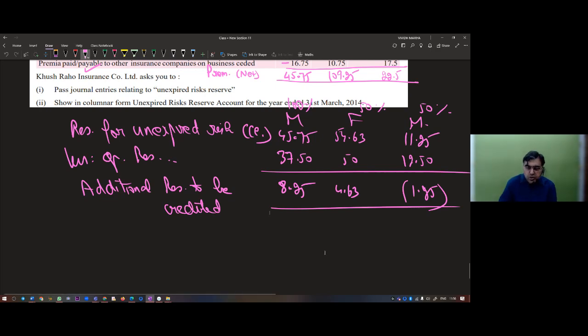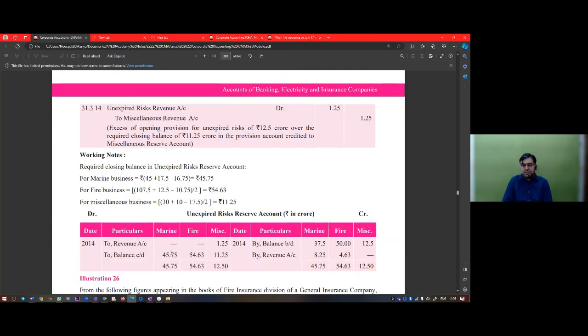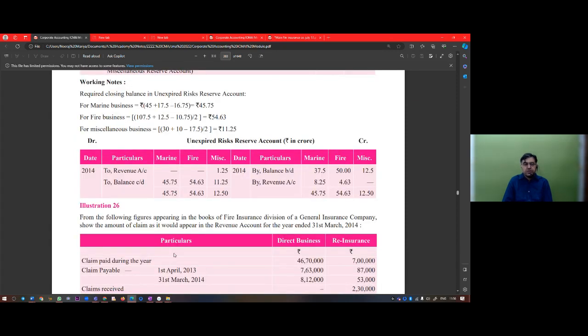So first of all, let's check the amounts. 8.25, 4.63, 1.25 is beautiful.